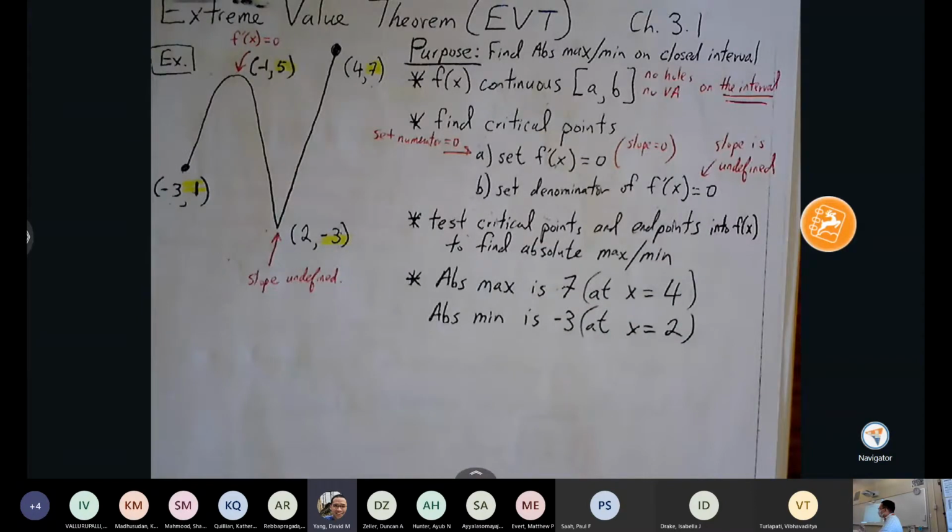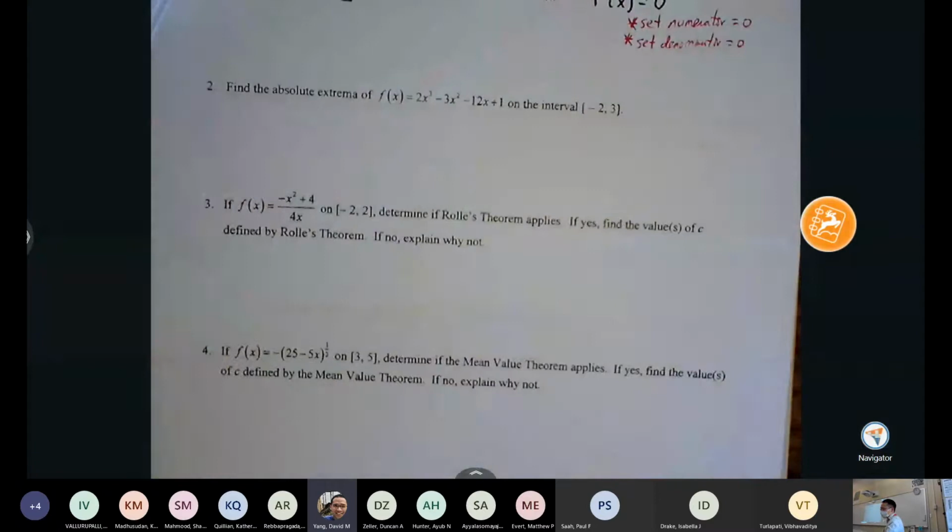All right, any questions with extreme value theorem? All right, can you guys try number 2?